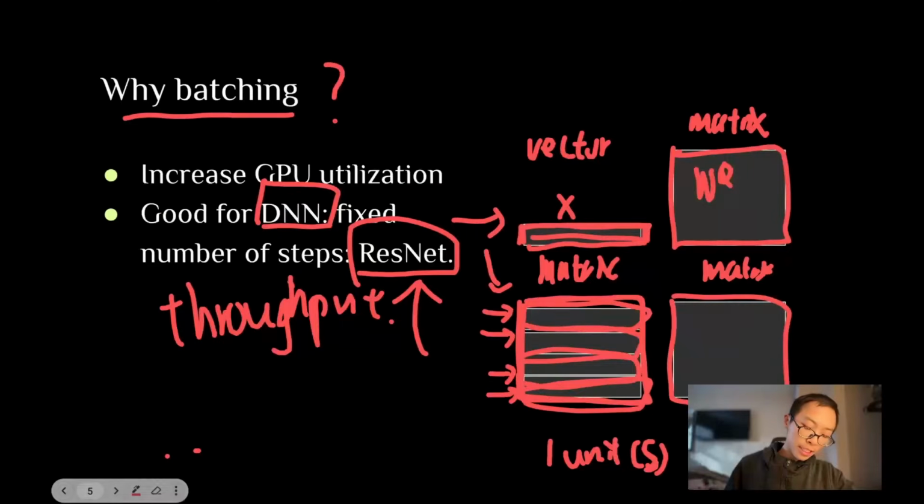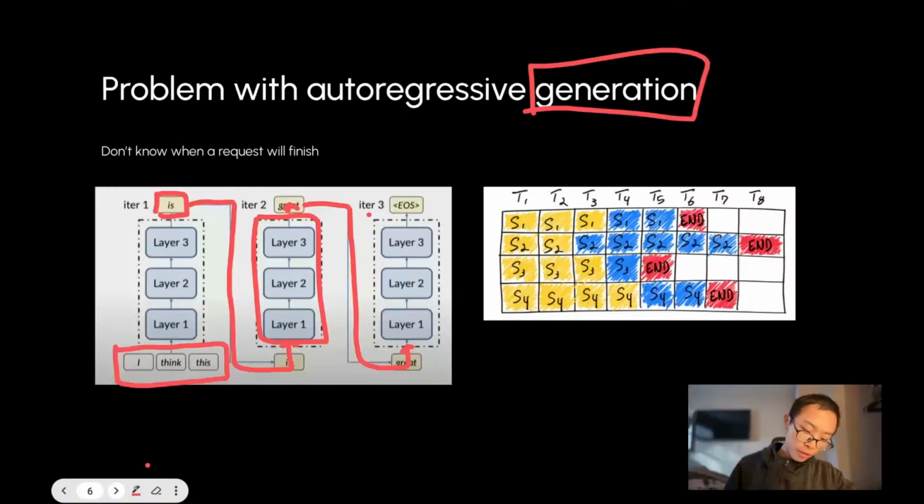Compared with deep neural networks such as ResNet, which run the model once, in a Transformer we run the model multiple times. This is the autoregressive generation phase.